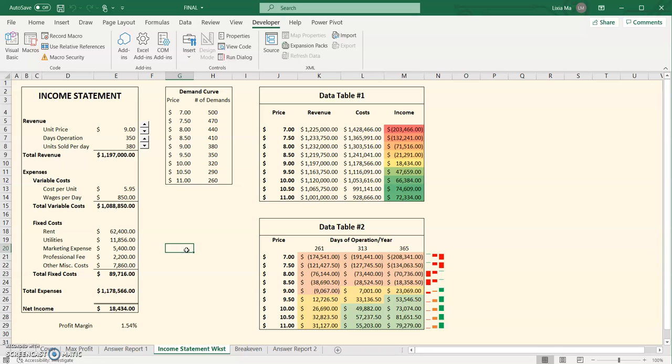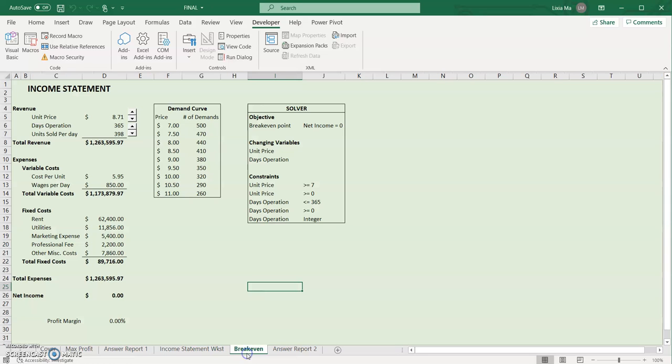Besides the maximum profit, it is very important for business owners to know the break-even point. So here is the break-even point worksheet.